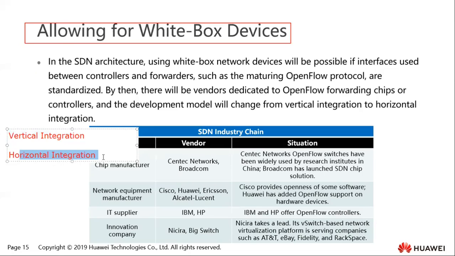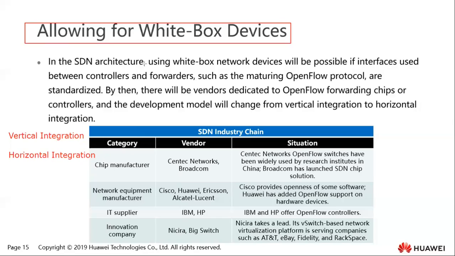So you're not providing the entire thing, but just a single component. Then an integrator integrates all components and sells that particular device. So we have vertical, where we are using everything from the same vendor, and here where we are using multi-vendor components, then integrating them. So what do we mean then, allowing for white box devices?